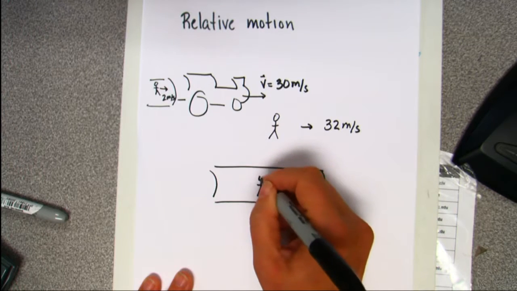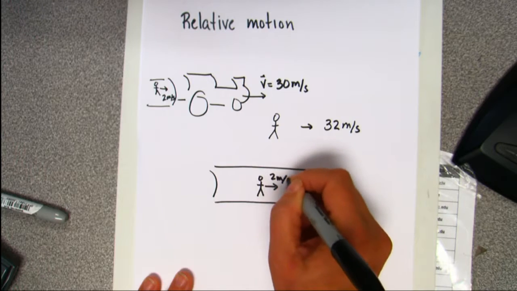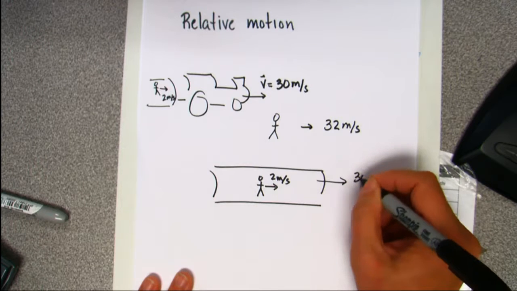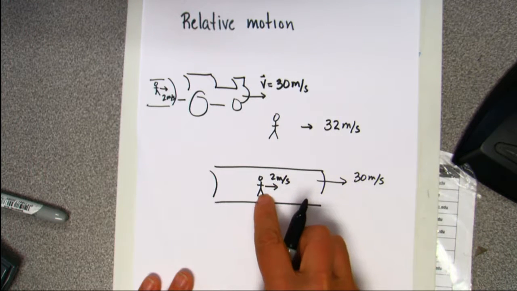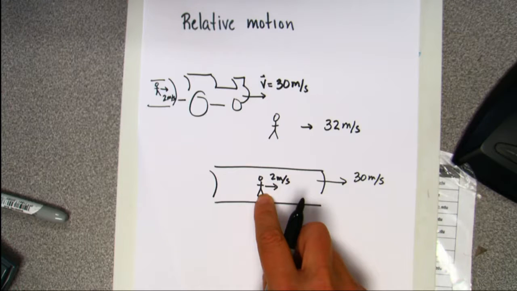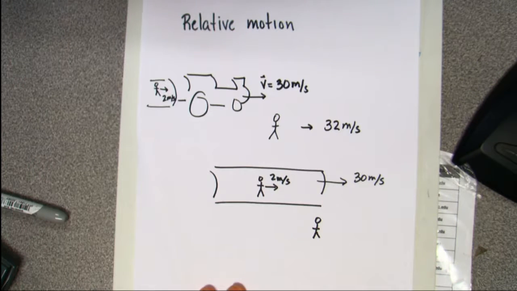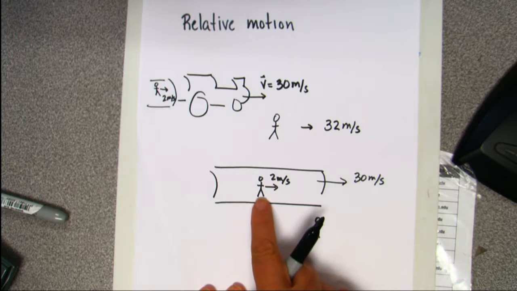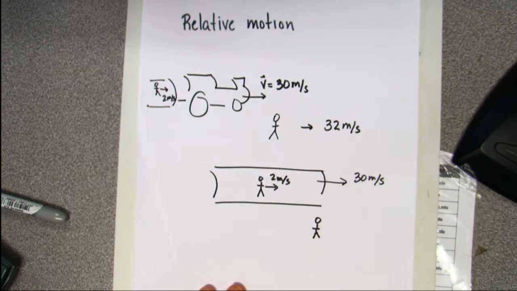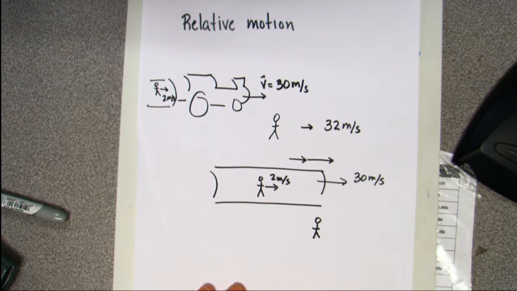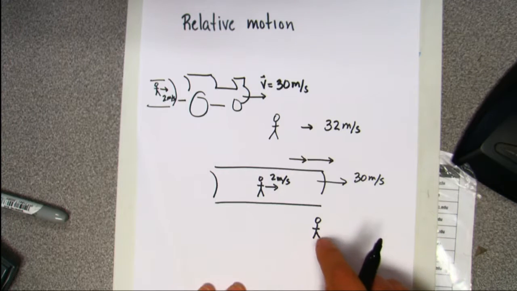Even though this person says I'm only moving 2 meters per second relative to the objects in the car, the observer standing out here is seeing this person move at 32 meters per second. It's because I'm getting a vector addition: I'm adding the two velocity vectors together as this person sees it.